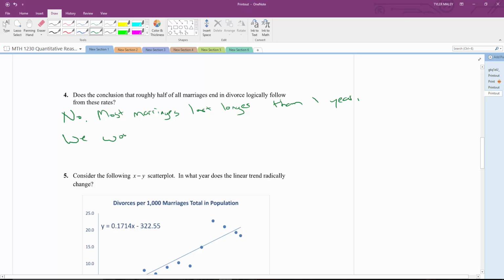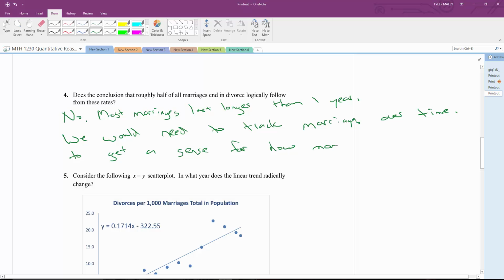We would need to track marriages over time. So we would need to track marriages over time to get a sense of how many end in divorce.